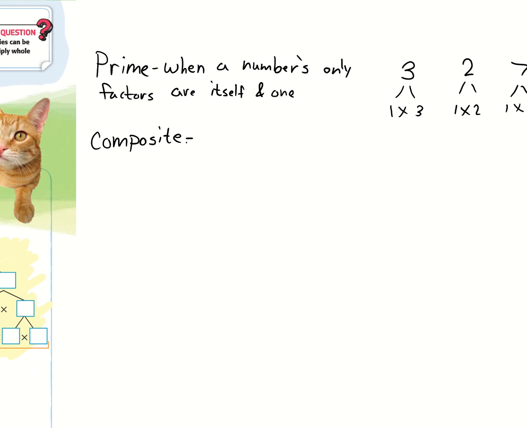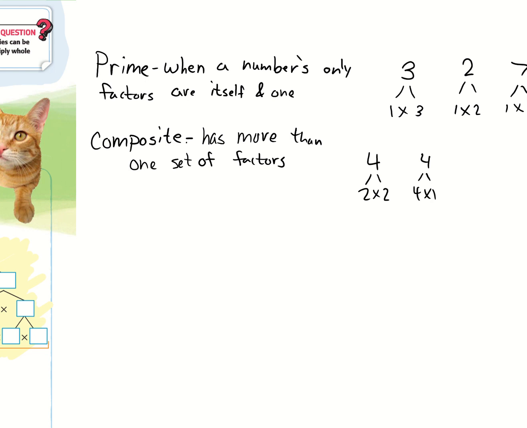Now, a composite has more than one set of factors. So, for example, if I have 4, I can do 2 times 2 equals 4, and I can also do 4 times 1. These are multiple sets of factors.